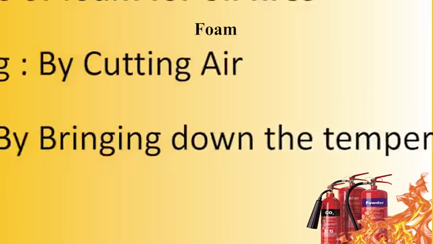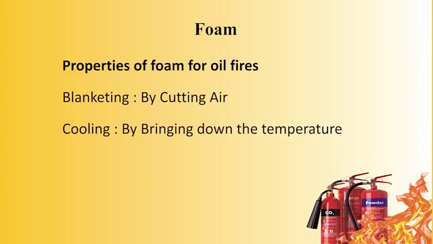Foam, properties of foam for oil fire. Foam, how does it act? Blanketing by cutting off air. Blanketing means cutting off the air which is needed to ignite. Another is cooling by bringing down the temperature.